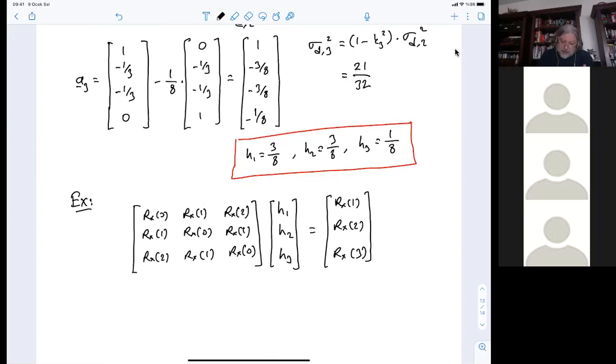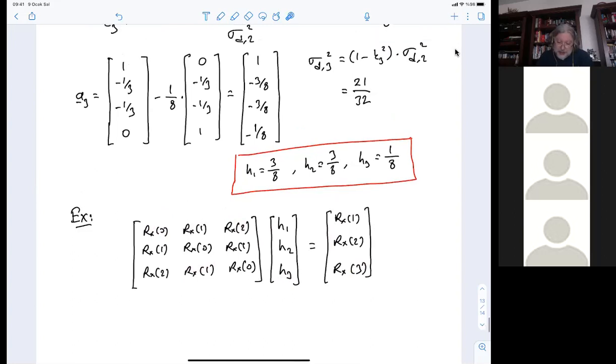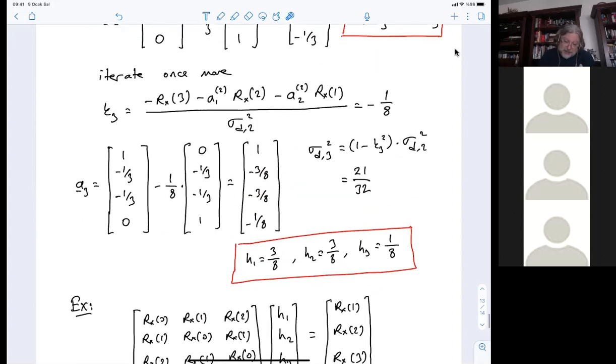Or you can invert this matrix and multiply it with this vector to find these filter coefficient vectors. But inversion of a 3 by 3 matrix is usually more difficult than doing 3 iterations from the top to bottom.